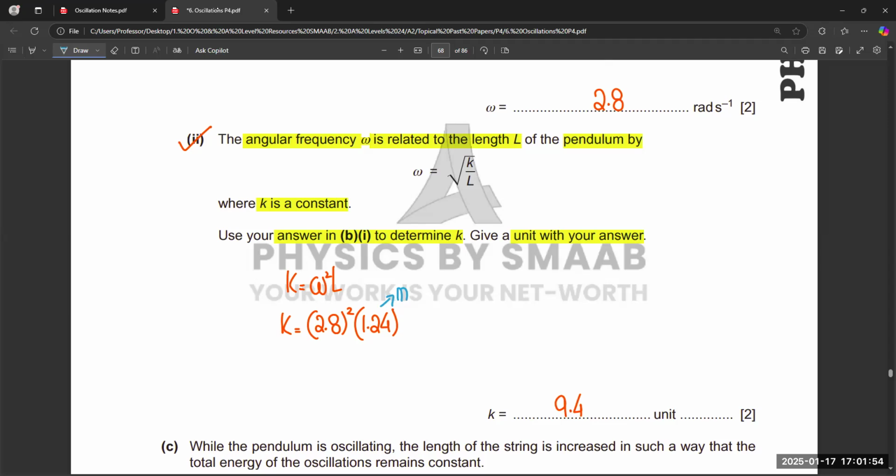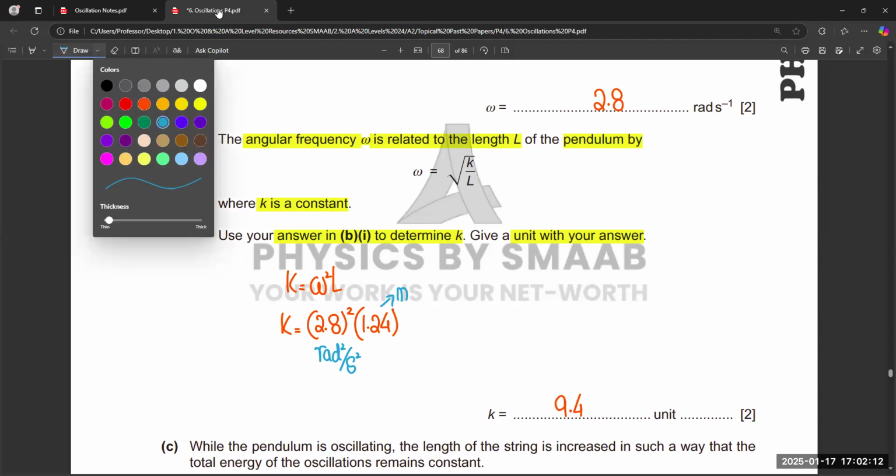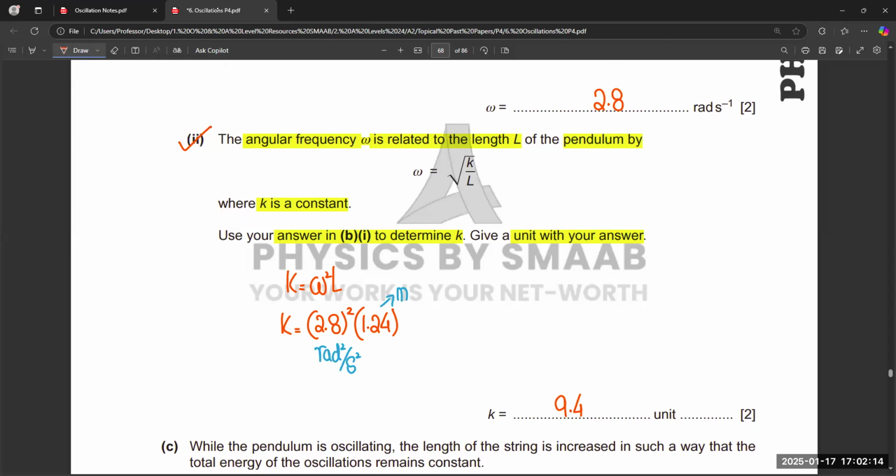It only tells you about the angle. So finally the SI unit will be meter per second squared.